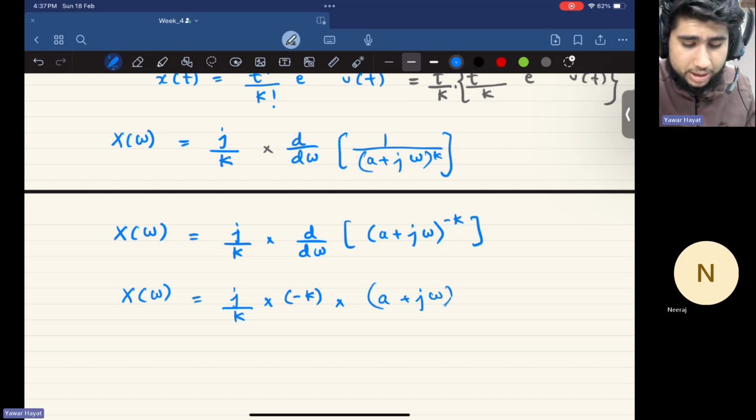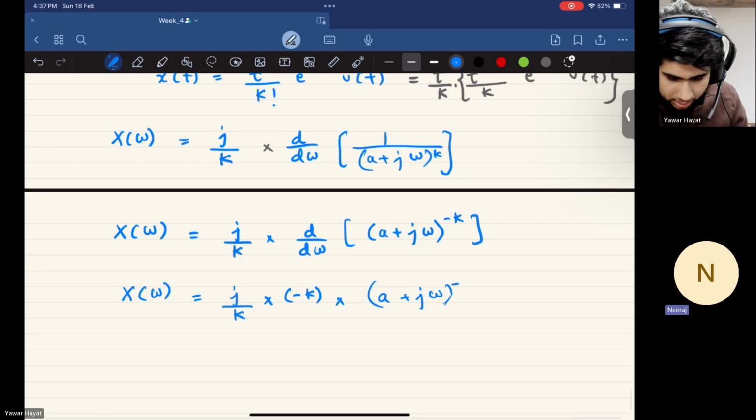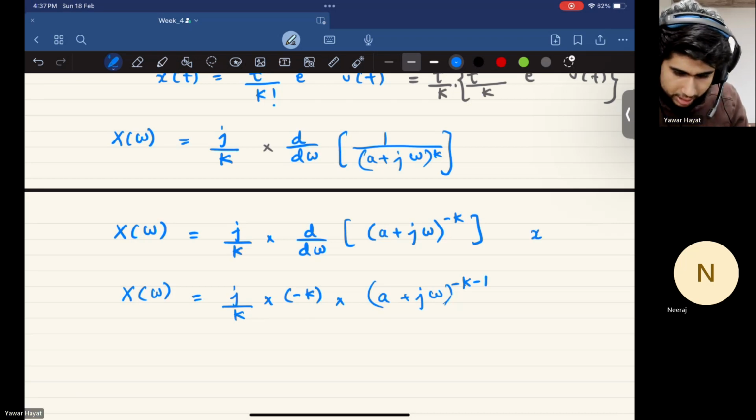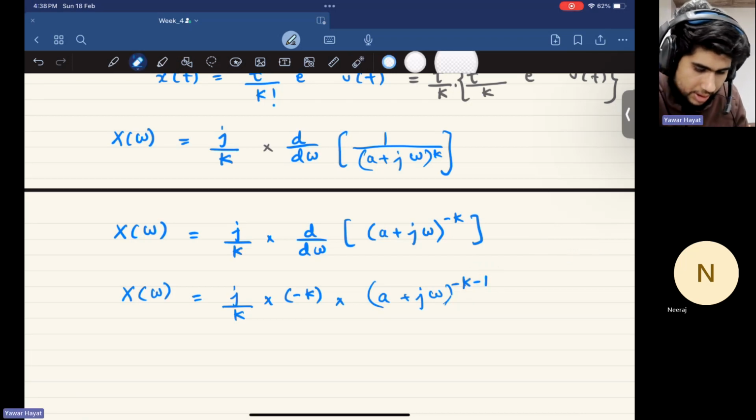What should be the exponent? The exponent would be minus k minus 1, right? The differentiation of x raised to the power n is n times x raised to the power n minus 1. That's why I've written this minus 1. Okay, so this part is clear.